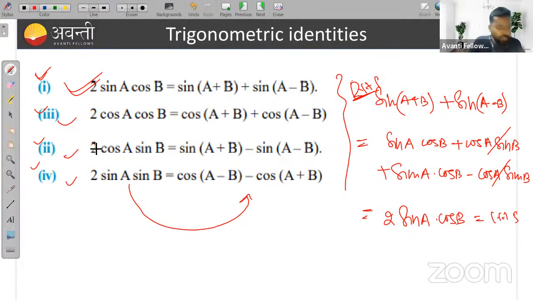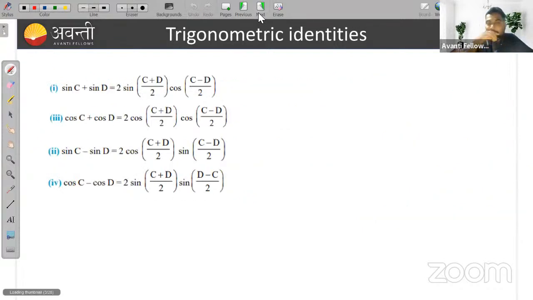Okay, so let's move to other identities. Here, we are converting from addition or subtraction to product. So remember, sin c plus sin d is actually 2 sin((c+d)/2) into cos((c-d)/2). And cos c plus cos d is 2 cos((c+d)/2) cos((c-d)/2).